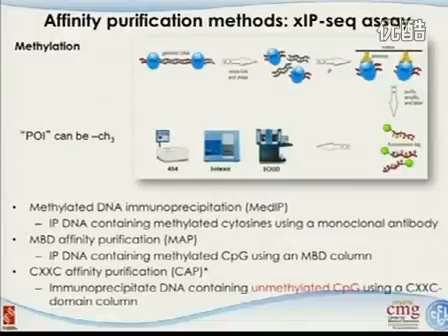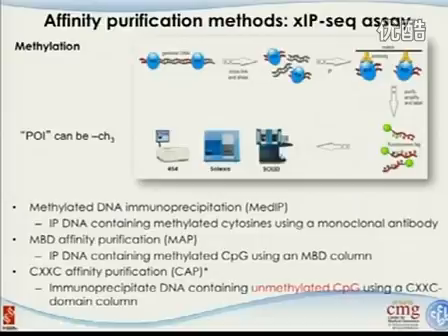And the third type is pretty rare. It uses a CXXC affinity purification assay. It's called a ChIP assay. But the point here is that these are the immunoprecipitated DNA containing unmethylated CpG. So instead of only the methylated part being trapped, actually only the unmethylated part will be trapped there.